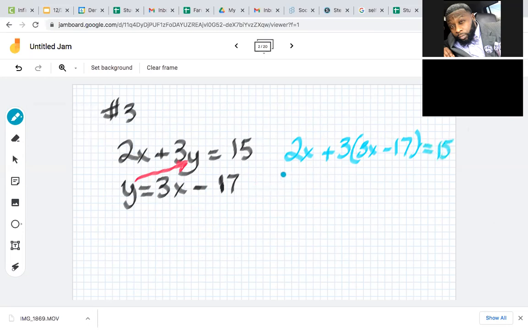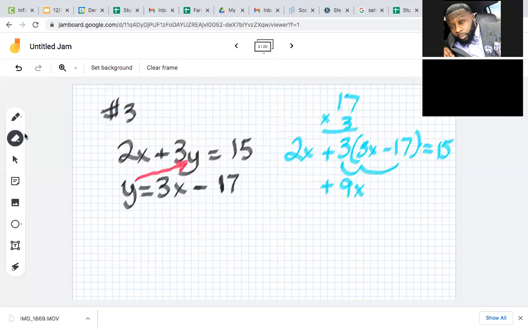All right, so what do we need to do now? We need to distribute. First we need to do the order of operations, right? And what do we have? Parentheses. Right, we need to do this first. We need to distribute this 3 to both of those numbers. So 3 times 3x is what? 9x. And then 3 times 17 is what?